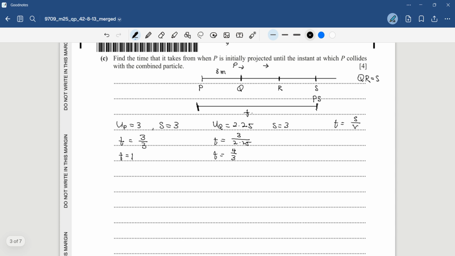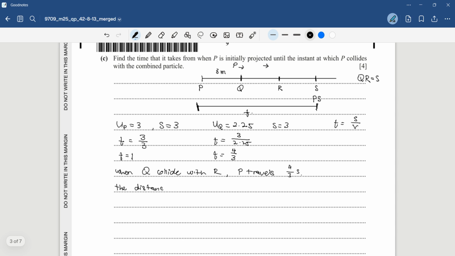So when Q collides with R, P travels 4 over 3 seconds. But how far? What is the distance that P travelled?